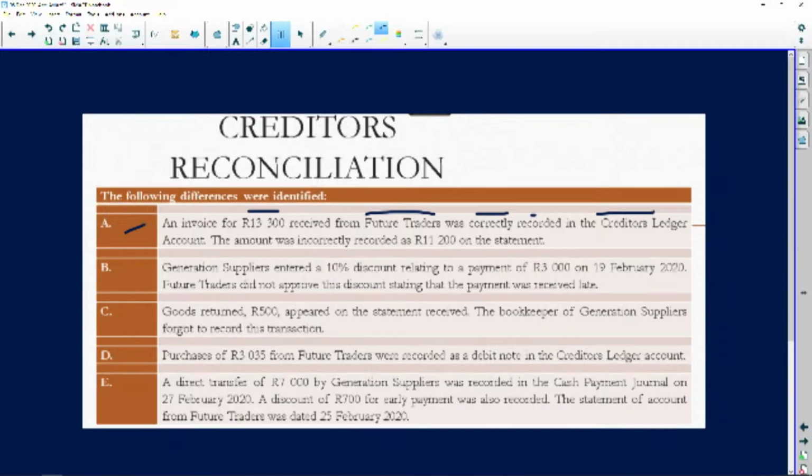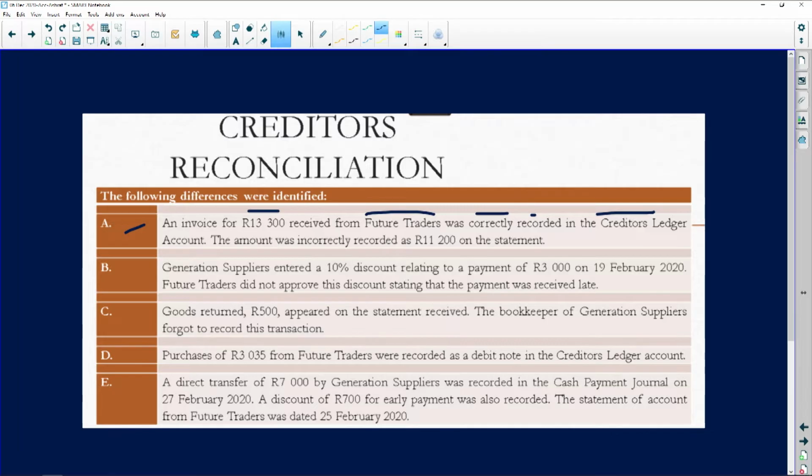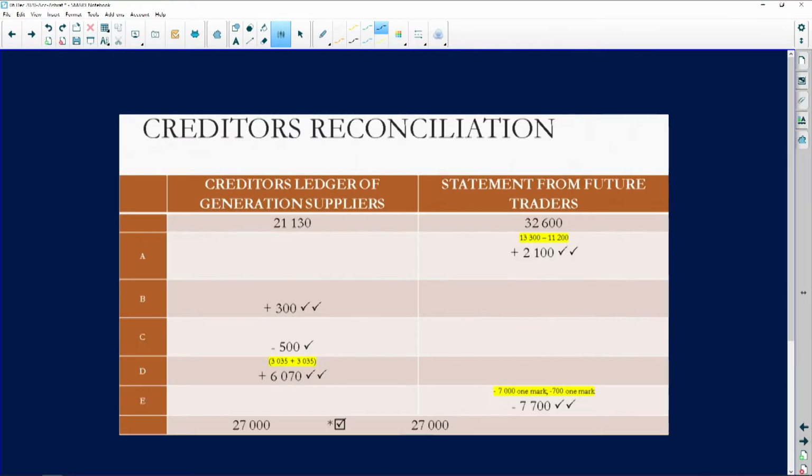So let's do that. The amount was incorrectly recorded as 11,200, on the statement. So therefore, guys, watch. The ledger is correct, so you don't do anything with it. Obviously, you start off with the two balances that were given to you. Actually, it's pre-populated on your answer book. Now you come here and say, fine, in this particular one, the error was on my statement. It was supposed to be 13,300, as you can see, but they only recorded 11,200, so I must increase it.